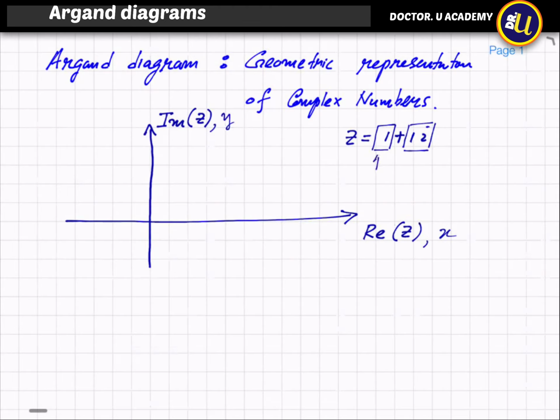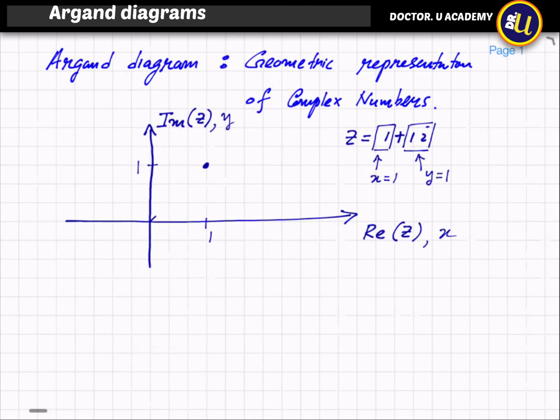Now the x value here is 1, the y value here is 1, right? But what is the imaginary value? The imaginary value would be i times 1. So if you place the coordinate 1 and 1 here, this is the place that we have the final coordinate, the complex number.